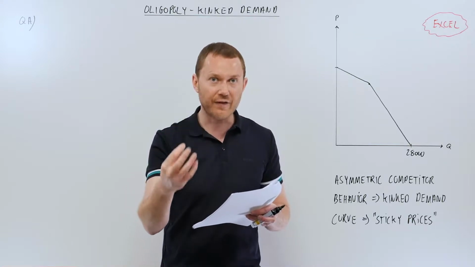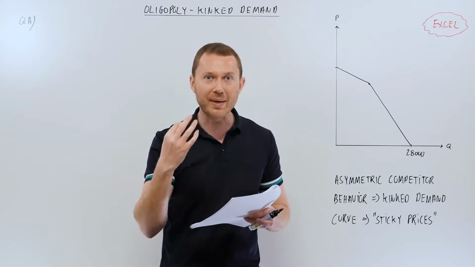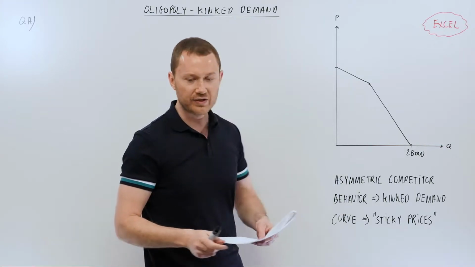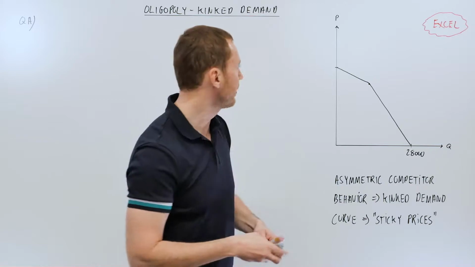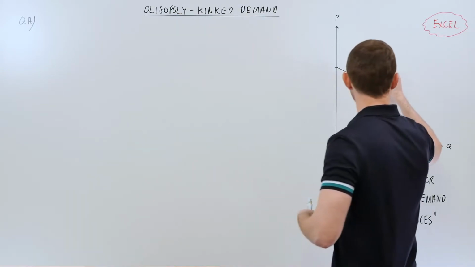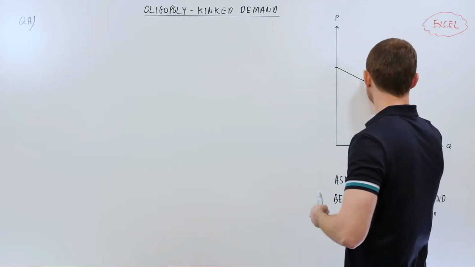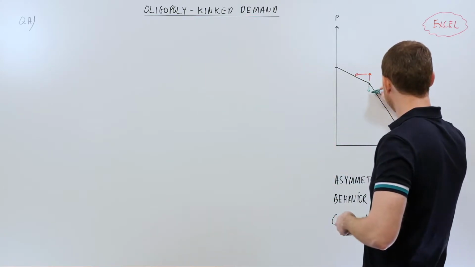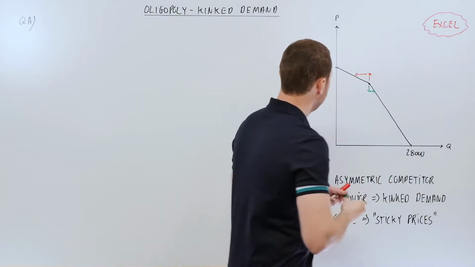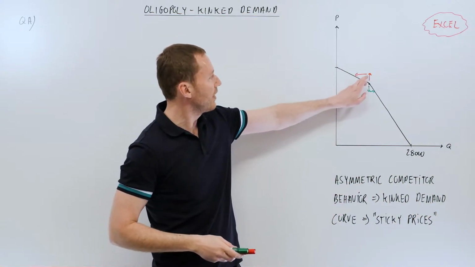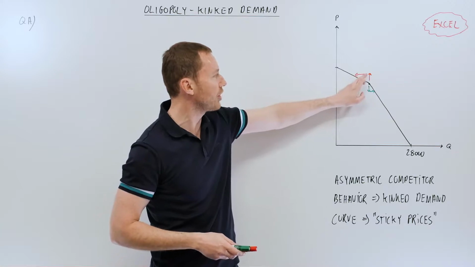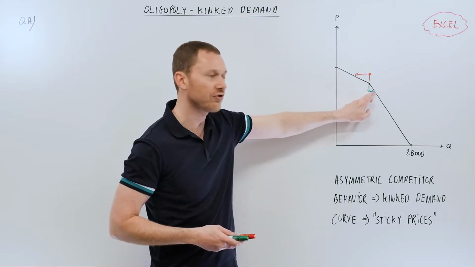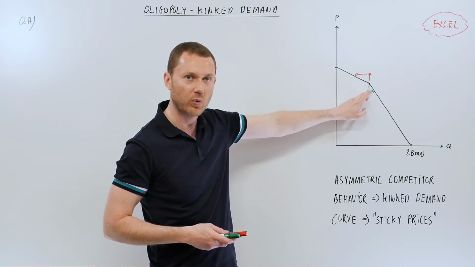So it is different. That can only be if the demand has a kink. The change when we increase the price and the change when we decrease the price are different. Here we can see that if we increase the price, we get a larger change in quantity compared to a decrease in price, where we get a smaller change in quantity.